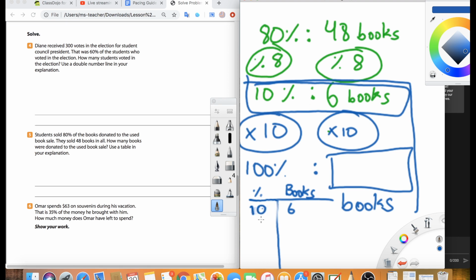So it would go like this, 10%, 20%, and you can skip count. So like 50, it's times 6, right? So 5 times 6 is 300. No, not 300, it's 30.